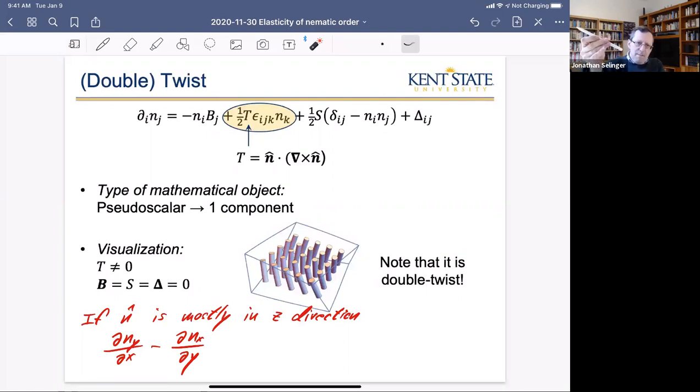Right, so you can see my pencil rotating as I move to or from the camera. Okay. So this is called twist, right?